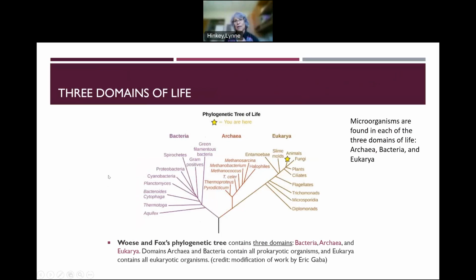The prefix pro means early or before. It's like the prologue comes before, early in the book, before the story starts. Prokaryotes came early in life, before there was a nucleus. This prefix eu means true. Karya is Greek for nut or seed.